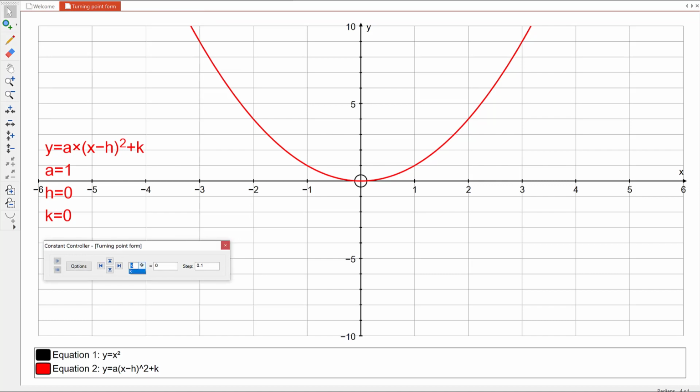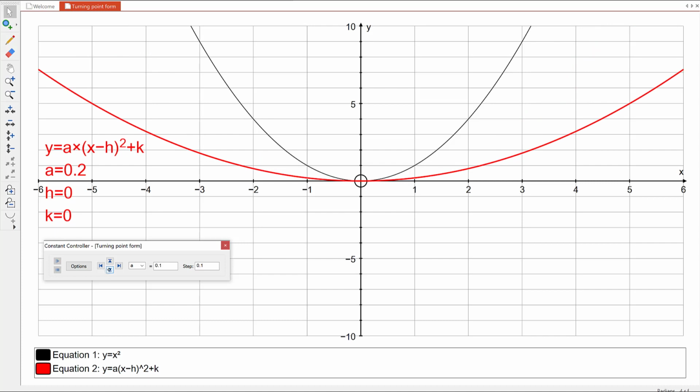So at the moment, if we think about changing the value of a, we already know from our previous videos that making a bigger dilates the graph from the x-axis by a factor of a, so stretches it away from the x-axis. If a was a fraction, it would also be dilated from the x-axis by a factor of a. However, we're going to see that the graph gets squashed because a makes all the y coordinates smaller.